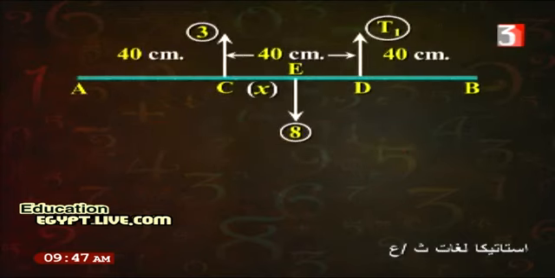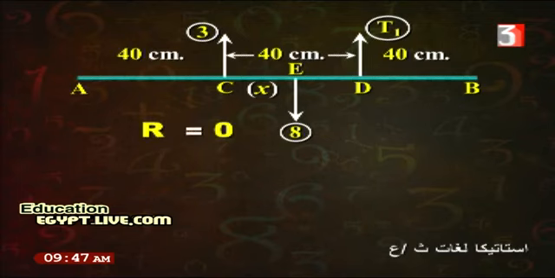Look, my dear student, we have AB, this non-uniform rod equals 120 centimeter. We have two supports at D and C. At D, T1, this reaction of support, also at C, 3, but its weight at E is 8.